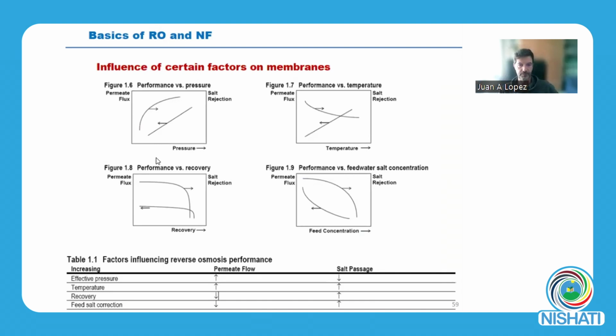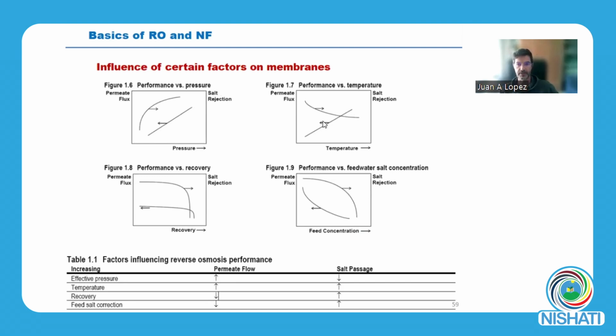Okay. So, this is the influence of certain factors on the membrane. For instance, the permeate flux increases with the pressure in a linear way, and the salt rejection also increases with the pressure, but in an asymptotic curve.